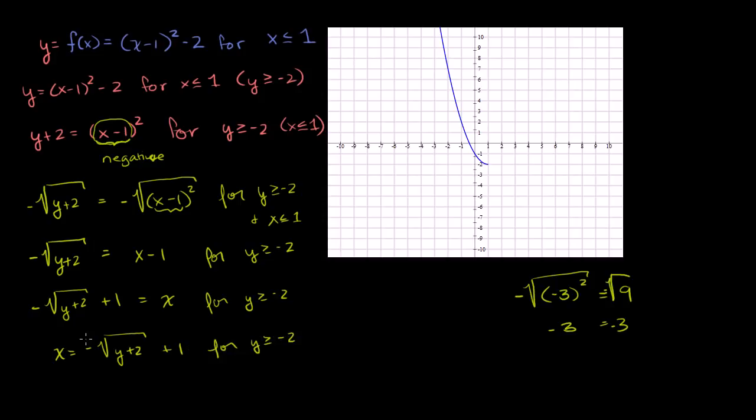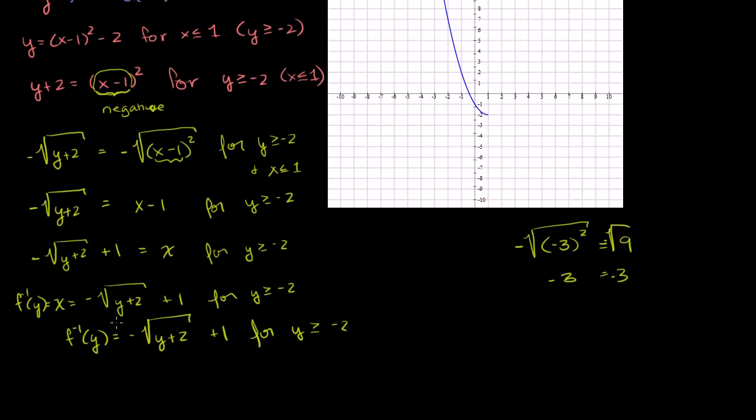Or if we want to write it as an inverse function of y, we could say f inverse of y is equal to the negative square root of y plus 2, plus 1, for y greater than or equal to negative 2. And now if we want this in terms of x, we just rename y as x.